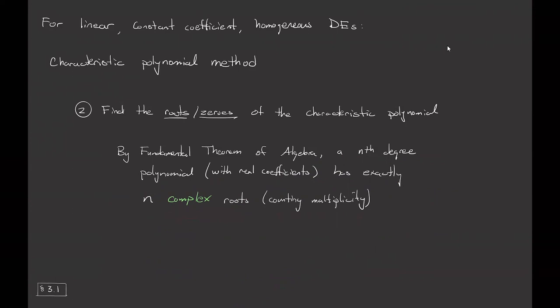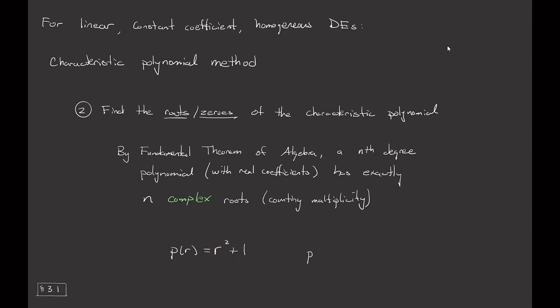For example, let's say the polynomial p of r is equal to r squared plus 1. Now, this has no real roots. There's no real number we can plug in for r to have this expression then be equal to 0. But there are complex roots.